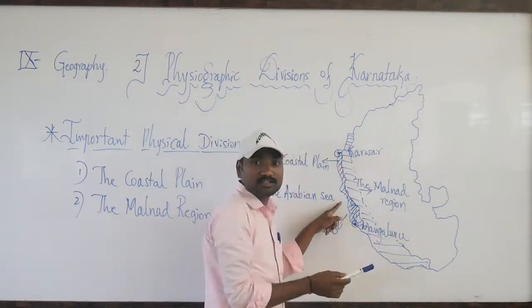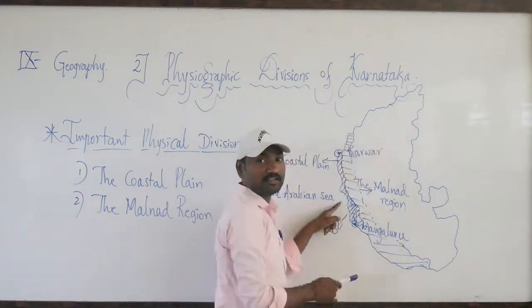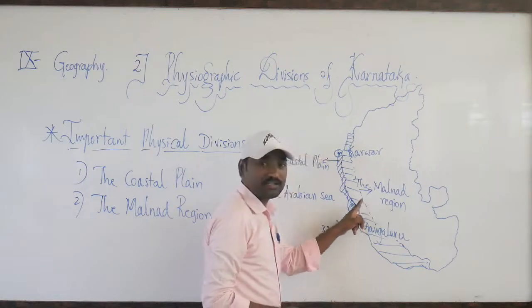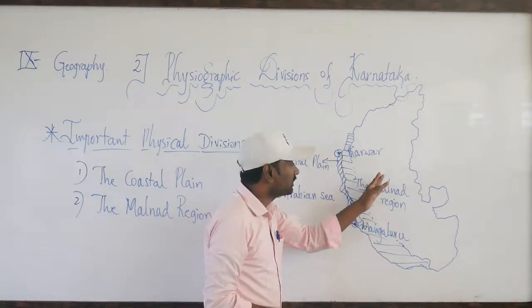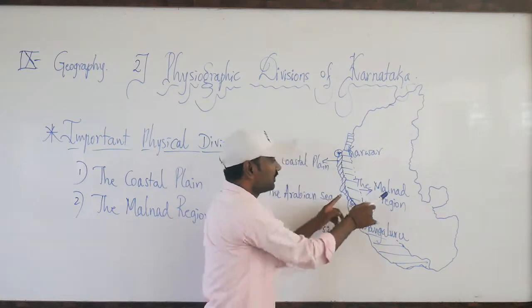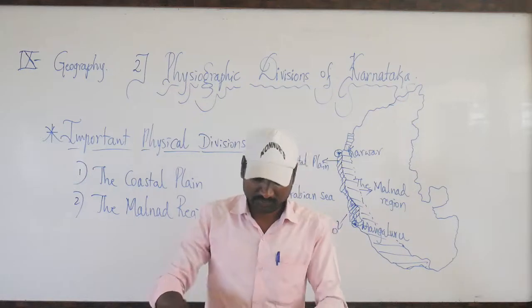In this Maidan region we can see two parts: one is the southern Maidan and the other is the northern Maidan. So this Malnad region is located in between the Maidan region and the coastal plain.